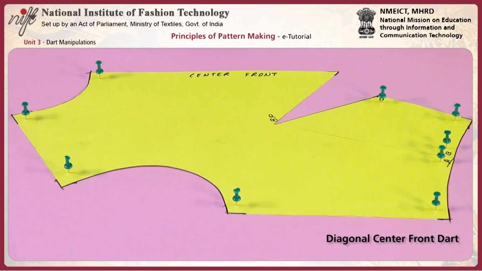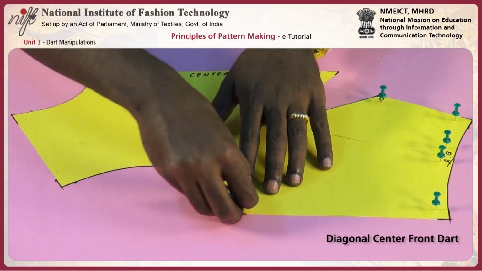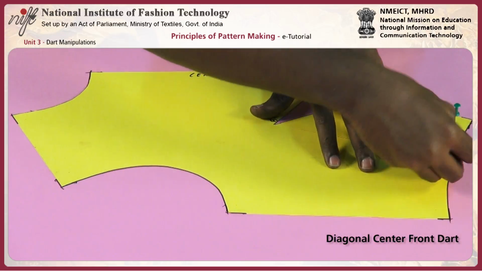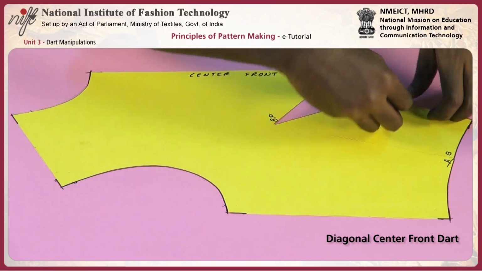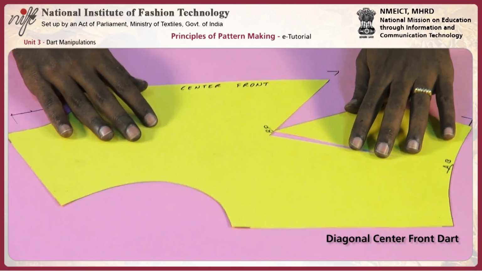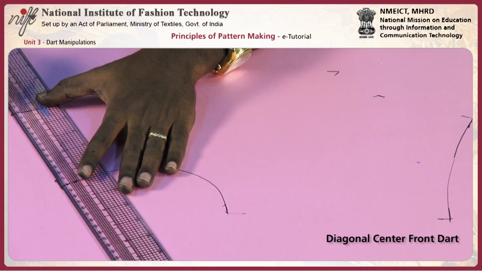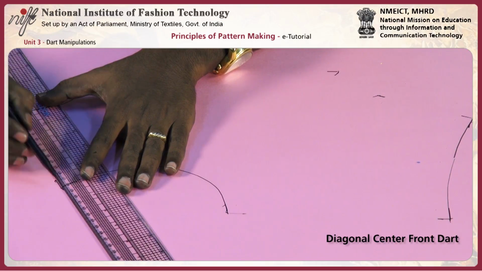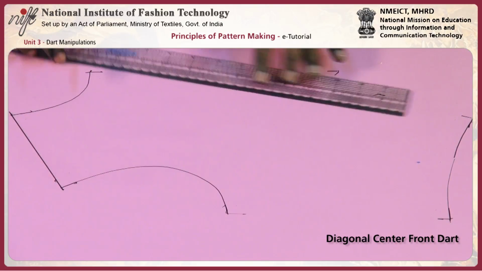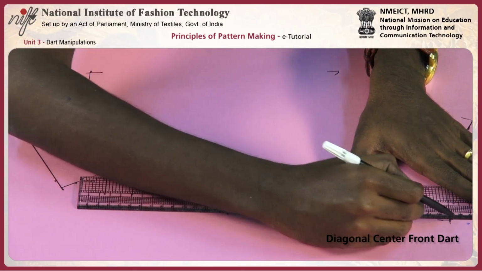Once you completed all the marking, you can remove the working pattern. Draw the shoulder line. Draw the side seam.